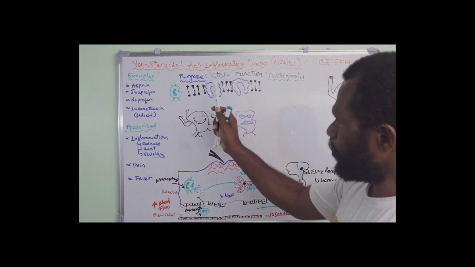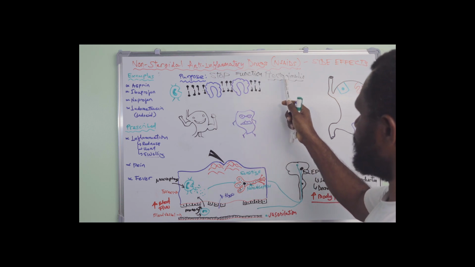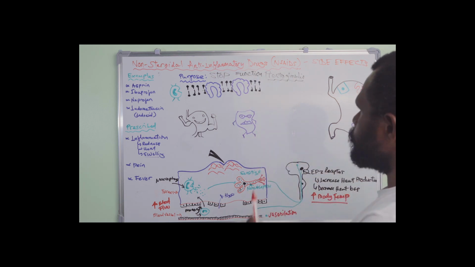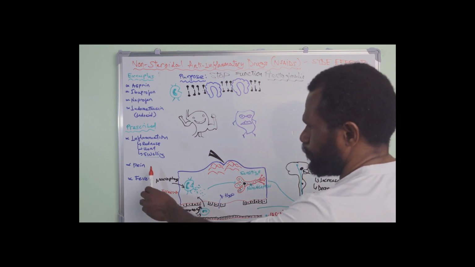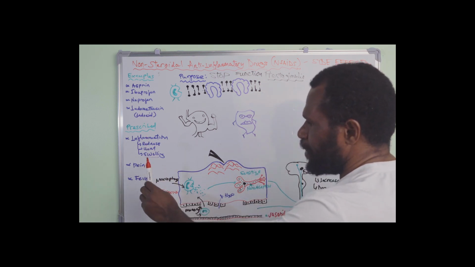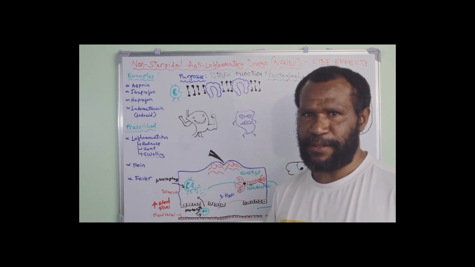So the purpose of these NSAIDs is to stop the function of prostaglandin. If they can stop the function of prostaglandin, you would not have inflammation, pain, and fever. So how does that happen?